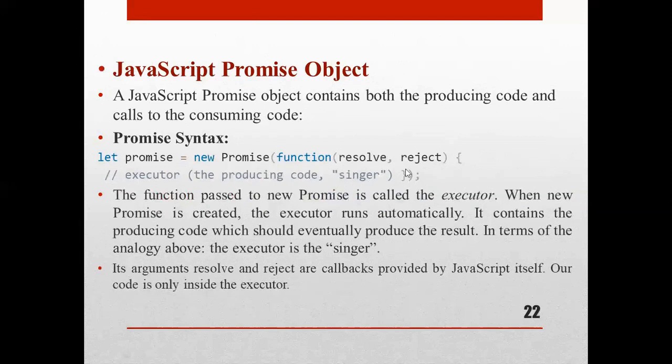Its arguments, resolve and reject, are callbacks provided by JavaScript itself. Our code is only inside this executor. We write the code inside the executor, and this function contains resolve and reject parameters. This is the syntax for promise.